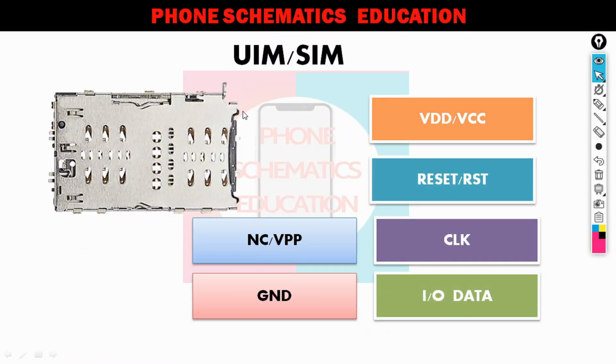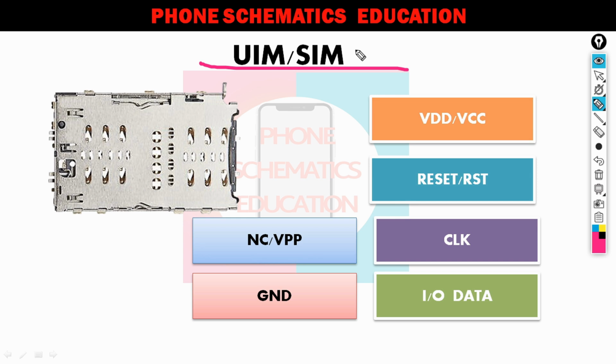Now next, in front of you, there is a picture, right? In this picture, I will give you details about the SIM slot and SIM card pin details. First, you will see UIM slash SIM.